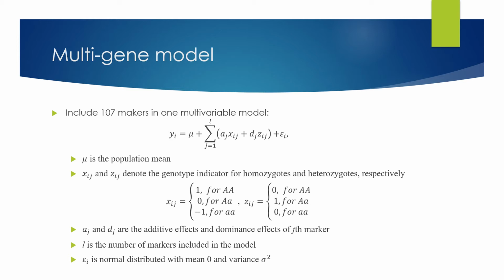And L here is the number of markers included in the model, which is 107 for our dataset. And the error epsilon i is normally distributed with mean 0 and variance sigma squared.